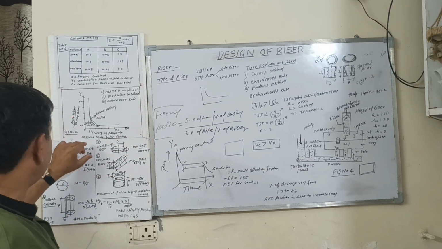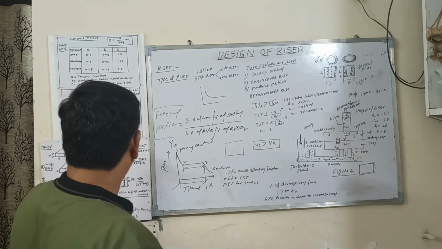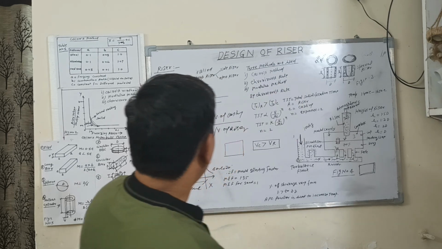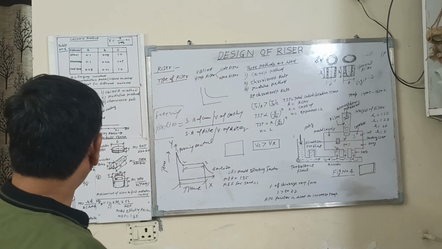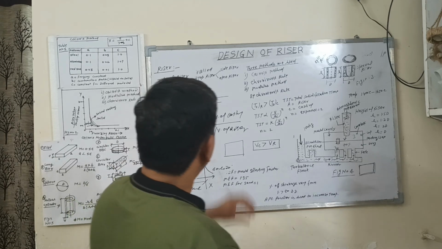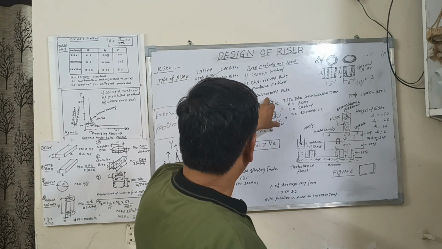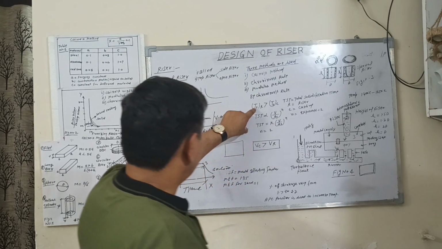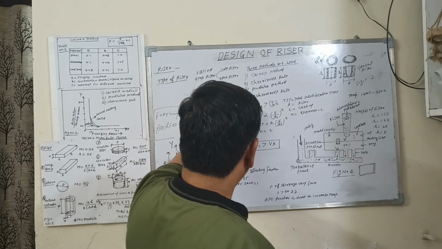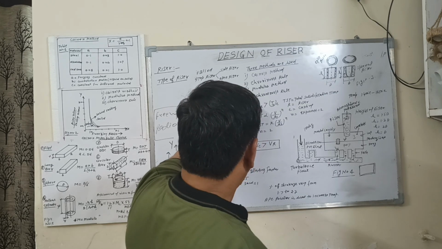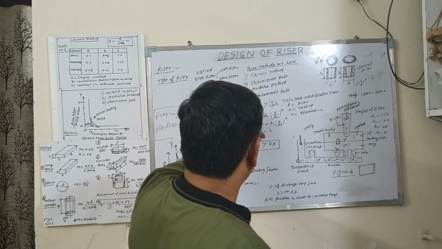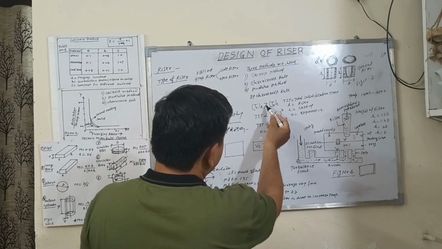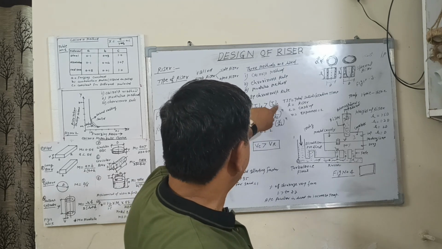This curve is called the Caine hyperbolic curve. The second method is Chvorinov's rule. By Chvorinov's rule, the solidification time of the riser is greater than the solidification time of the casting.